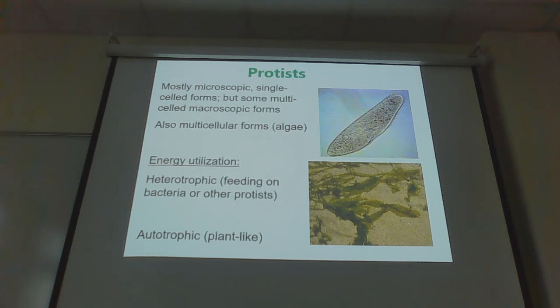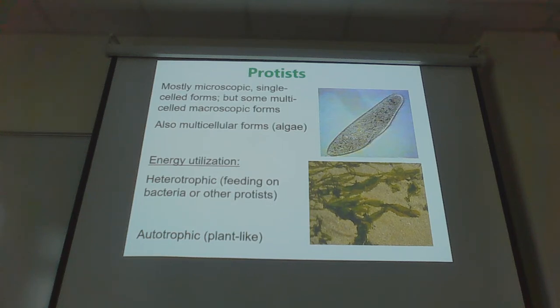But unfortunately, the kingdom Protista also has many pathogens in it, and we will talk about some of them. I want you to have an idea who these guys are. Again, it's mostly single-cell life forms, although some others like to put algae in them. In terms of energy utilization, in this kingdom, you can find some that are green.